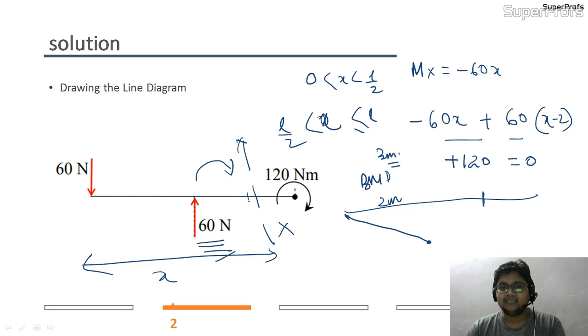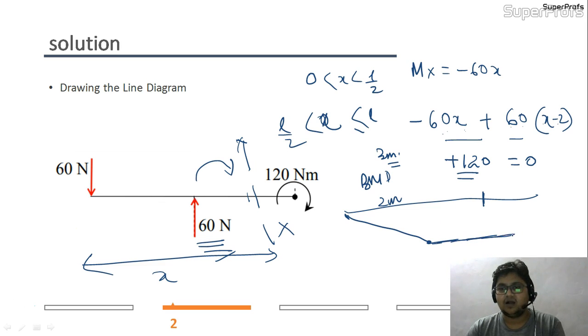At 3 meter, this 120 Newton has not come into the picture. So 3 minus 1 is 2, 3 minus 2 is 1, so it will be plus 60, and minus 60 into 3 is minus 180, and minus 180 plus 60 is minus 120 only.